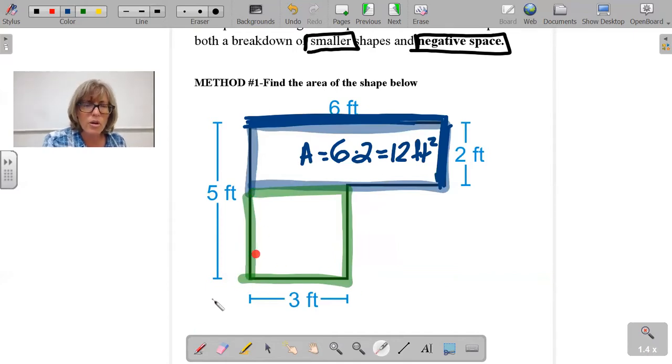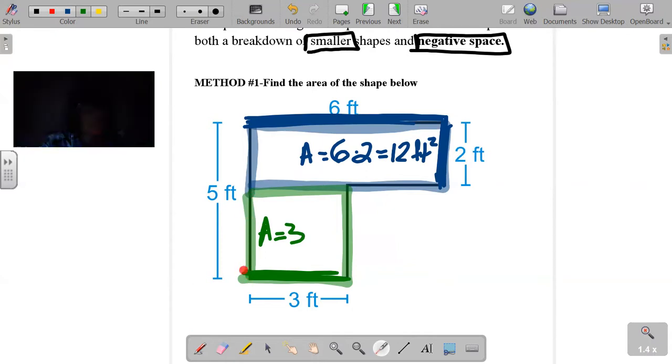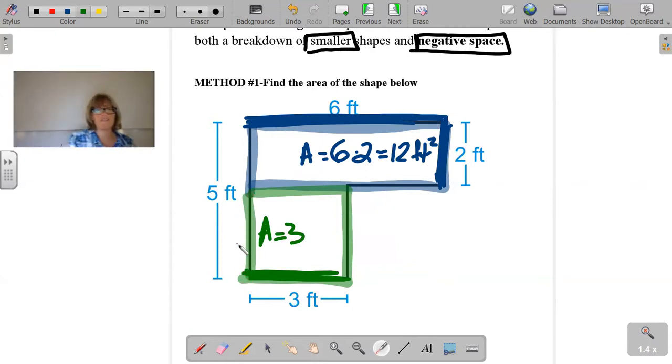Be very careful here. Our area here, our length is 3. Now go like that with your finger. Be very careful. That is not 5. Physically trace.